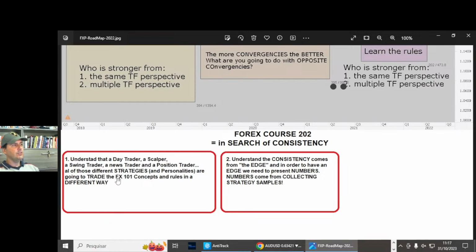You are going to understand that a day trader, I'm reading the text, a scalper, a swing trader, a news trader, and a position trader, all of those are different strategies and personalities, and are going to trade the Forex 101 concepts and rules in a different way.